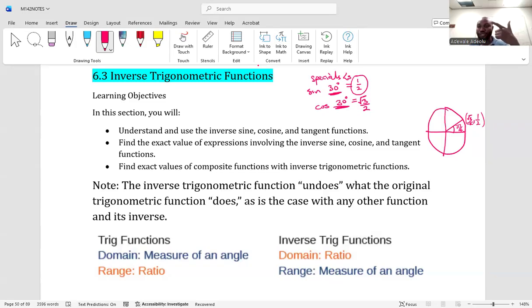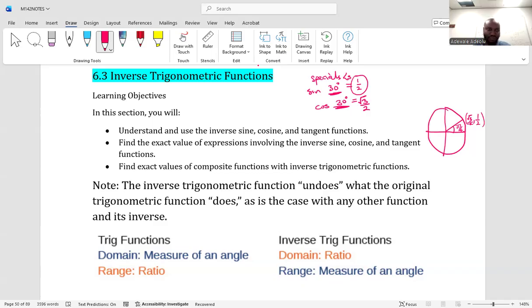Then you will be able to tell me it is pi over 6. So rather than telling me the ratio value now, you are telling me the angle. So that is the inverse. We are undoing what we have been doing so far. That is the level we are now. We want to undo what we have been doing up to this point.